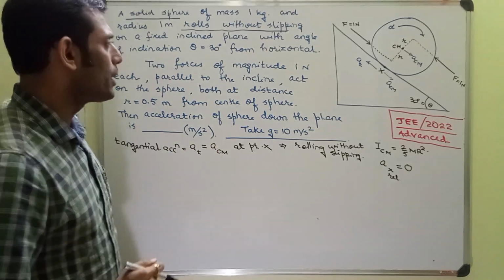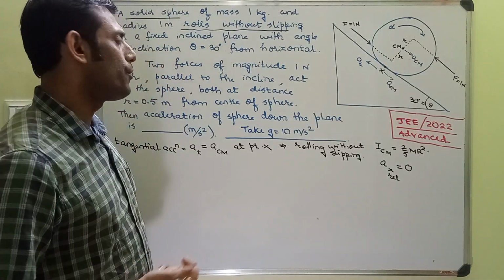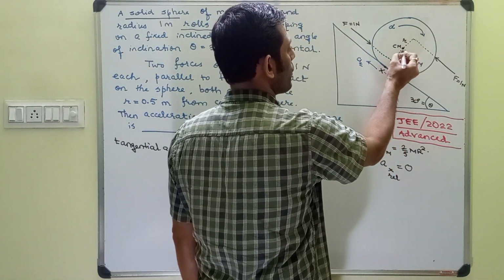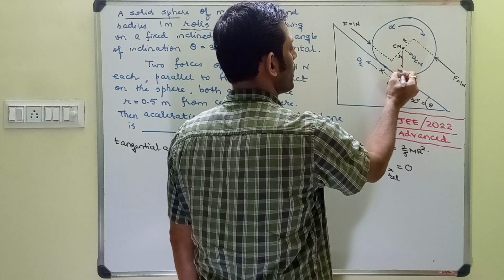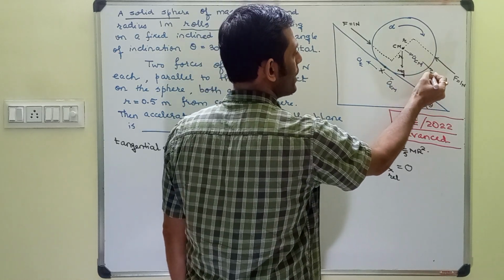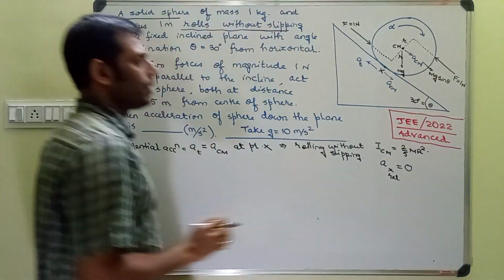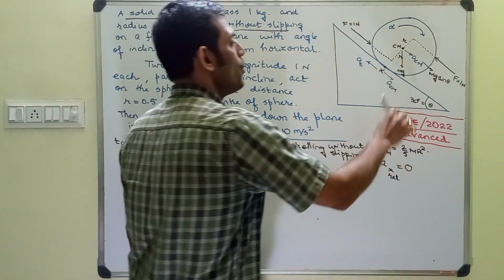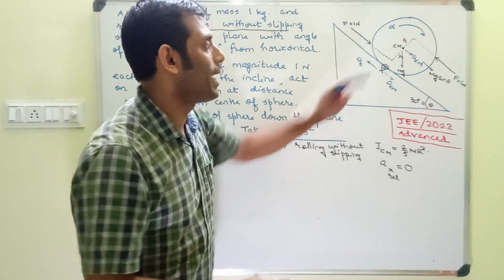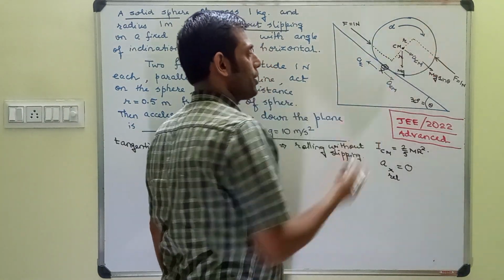Now, to get into the question, we need to calculate this acceleration of the center of mass. What are the things that are acting here? This entire thing has a mass, has a weight, and that weight is acting in the vertically downward direction. That means the component acting along the incline at the center of mass would be equal to mg sin theta, and therefore this particular force will, about the point x, the point of contact, produce a torque, due to which it will have an angular acceleration alpha.